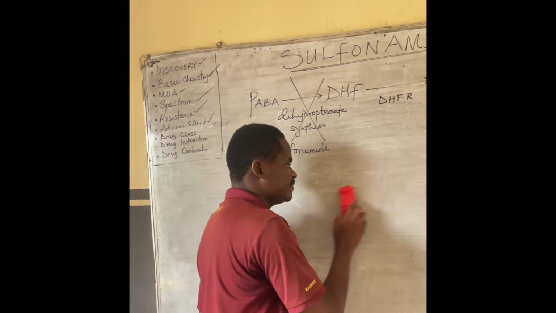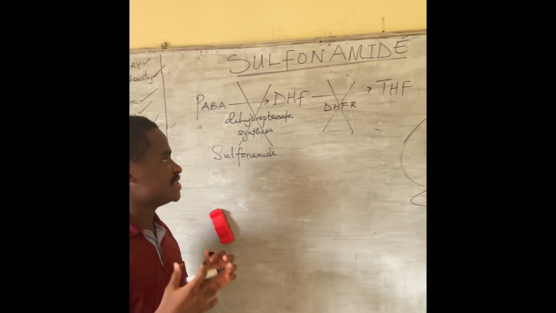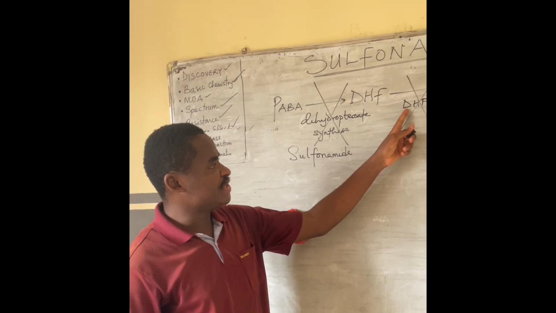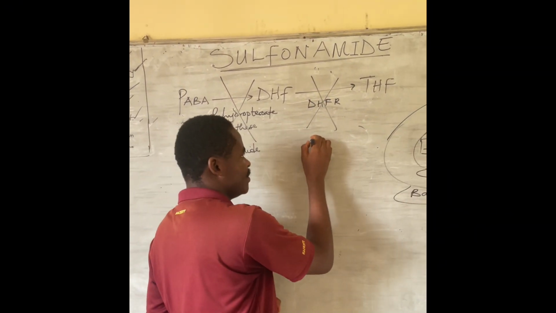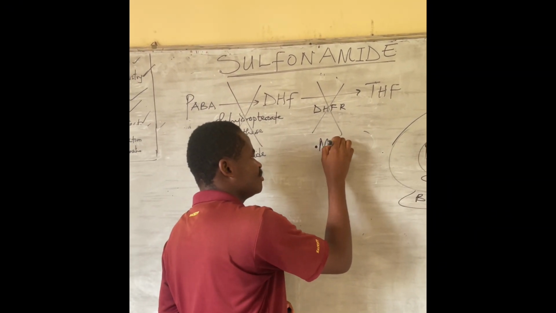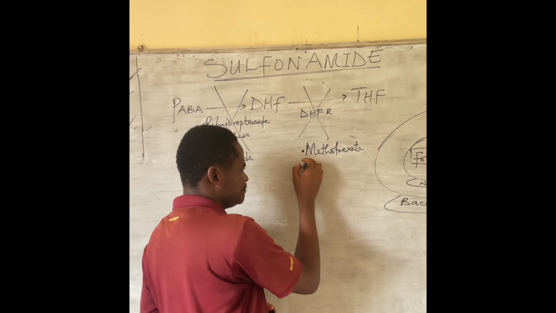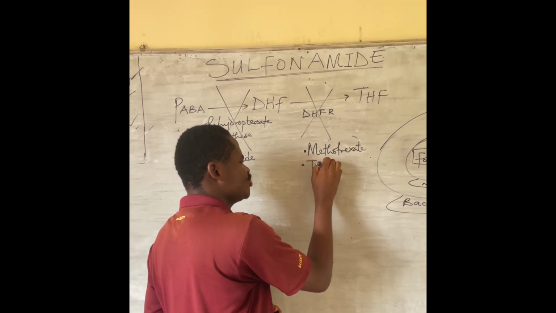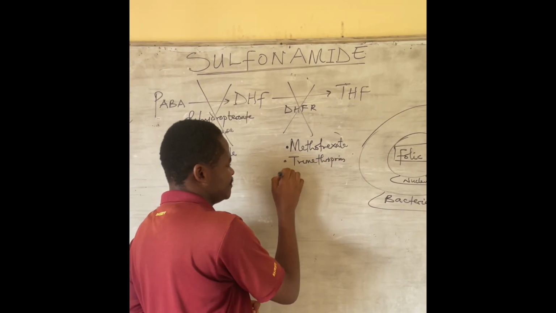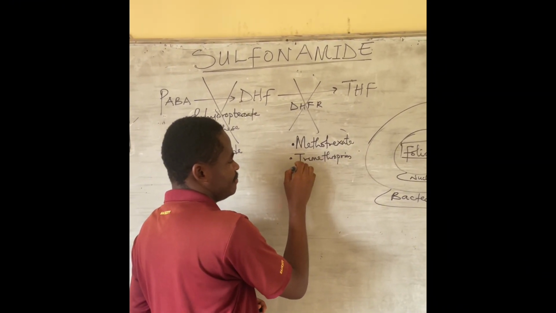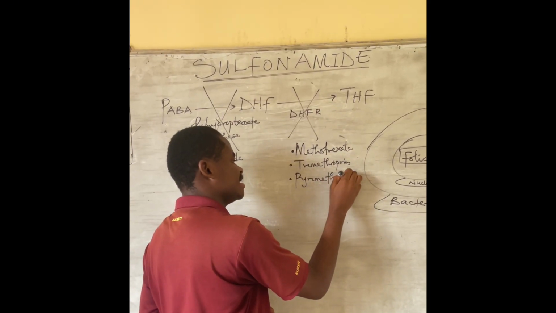Maybe since it's necessary, we also tell you, for the sake of inclusivity, what drugs inhibit dihydrofolate reductase? Other drugs, for the sake of MCQs, we have about 3 of them: methotrexate, trimethoprim, and pyrimethamine.